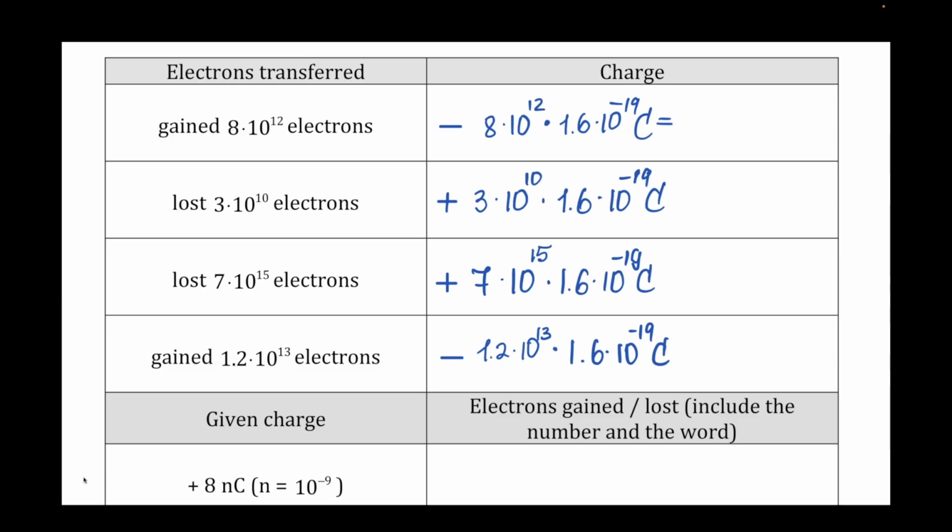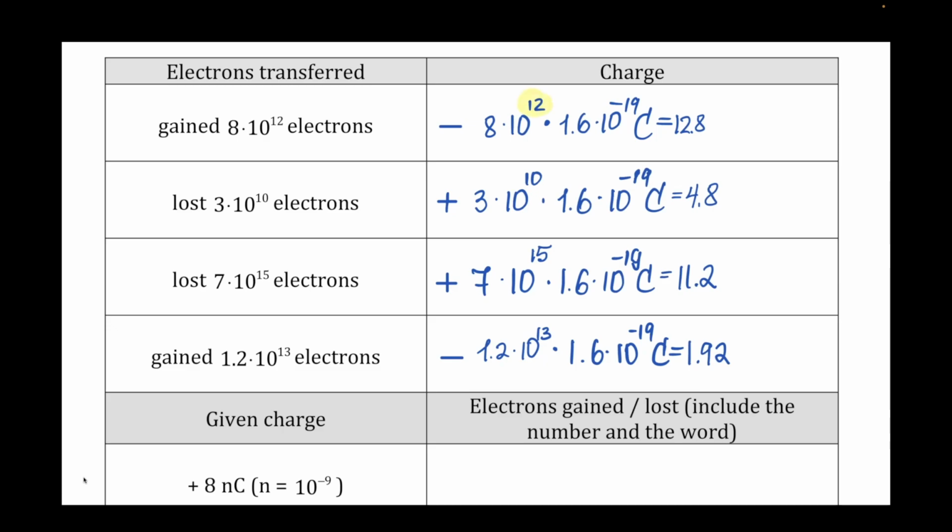Then when you consolidate these two numbers, 8 times 1.6 is 12.8. 3 times 1.6, 4.8. 7 times 1.6 is 11.2, and then 1.2 times 1.6, that's 1.92. And now I'm going to deal with my exponents.